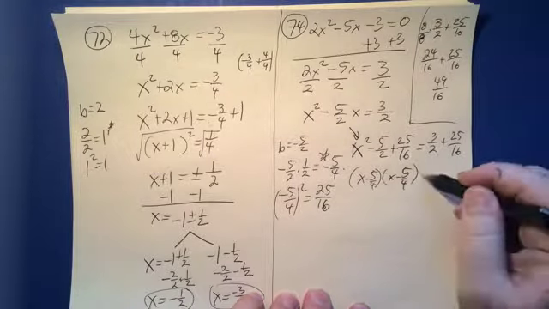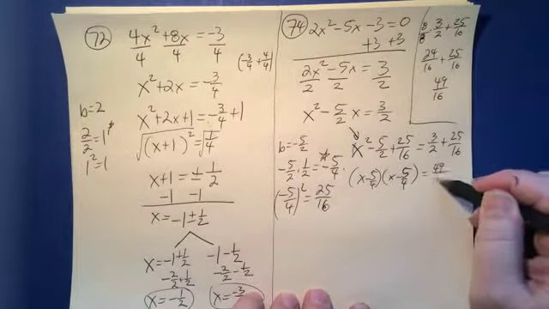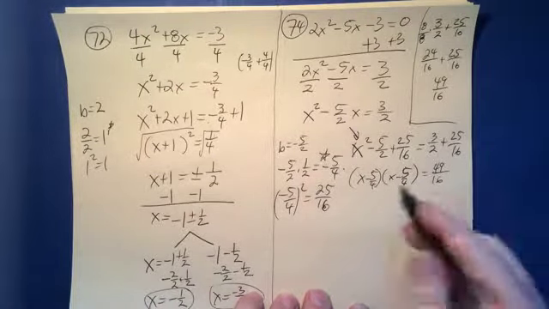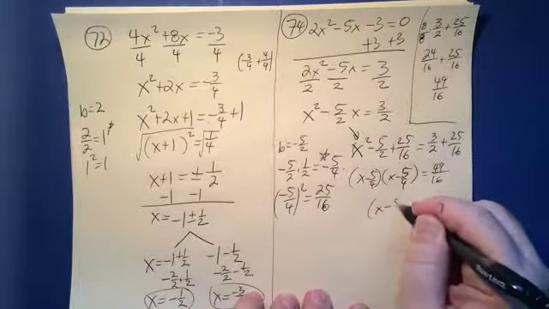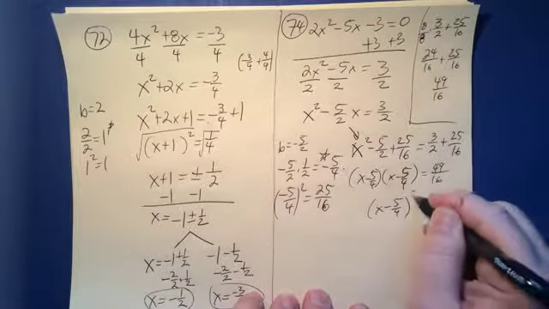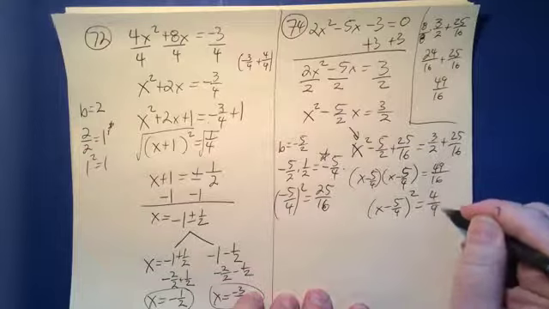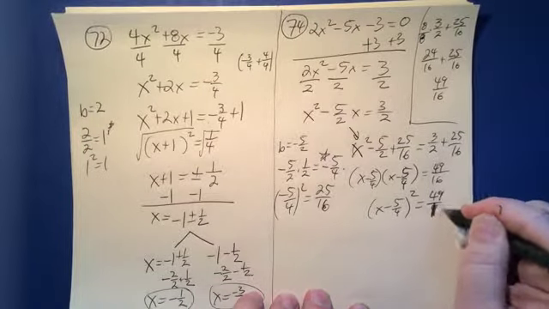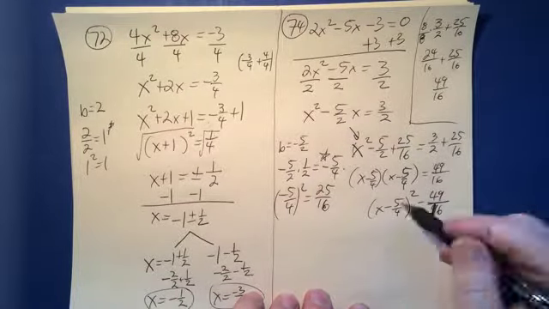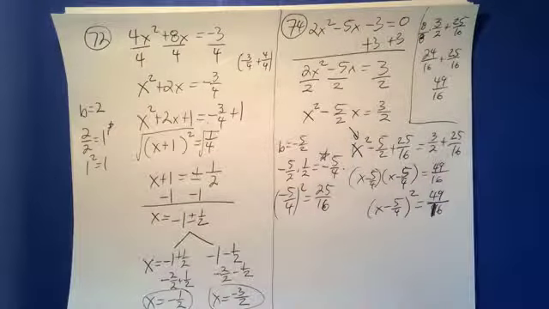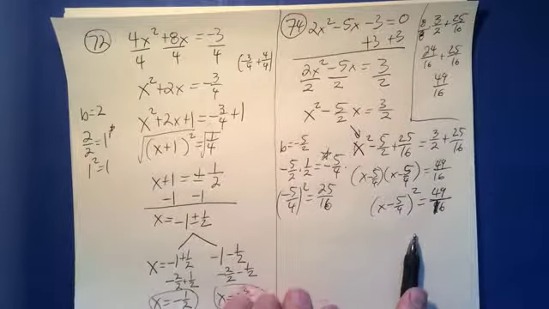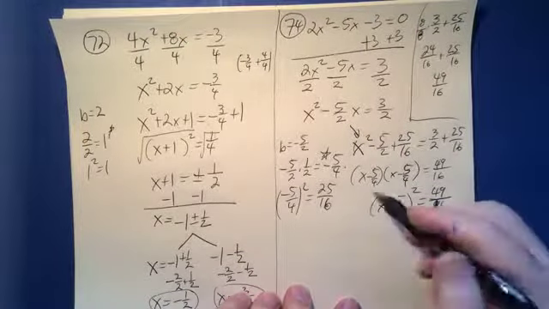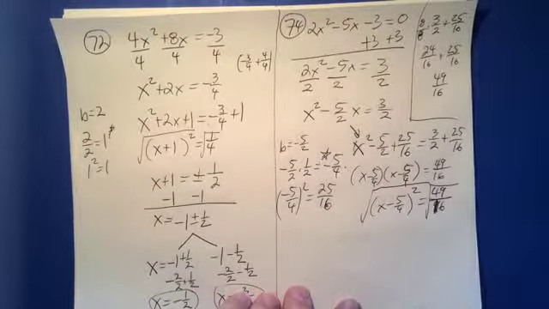So now I have this. I'm going to write this as (x - 5/4)² equals 49/16. And now I would suggest writing this down twice. I'm running out of room, so I'm not going to do it, but write this down a second time, and then take the square root.